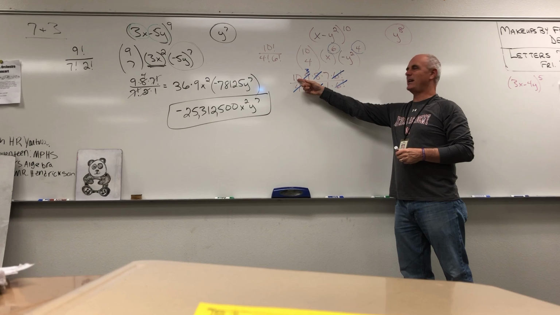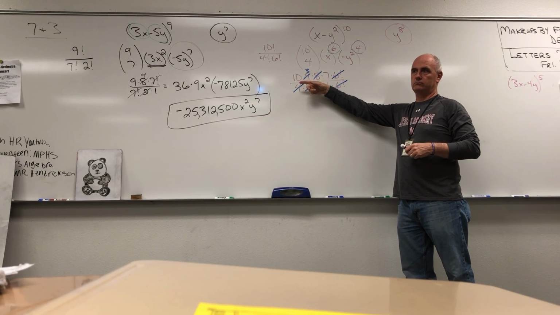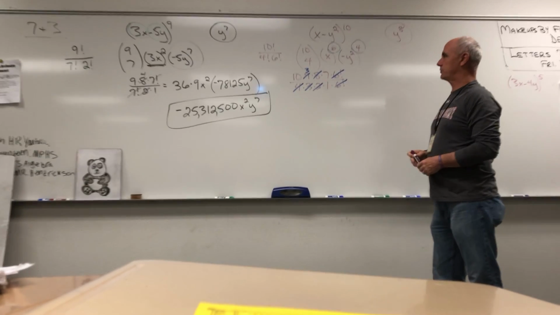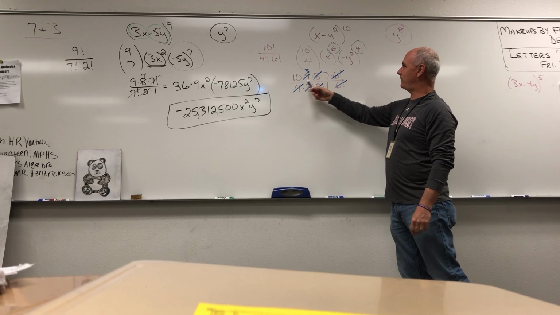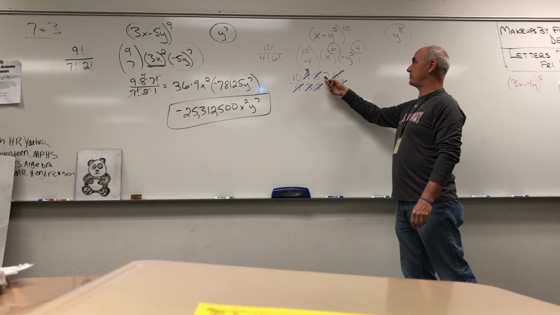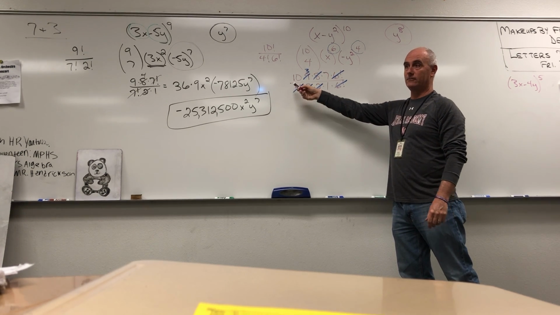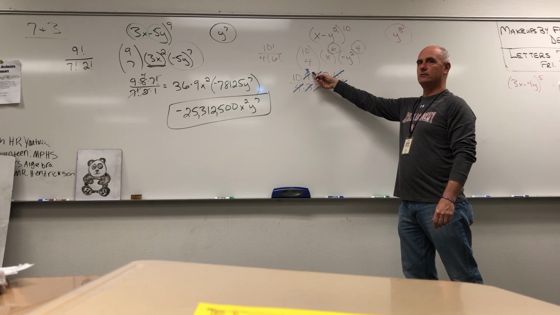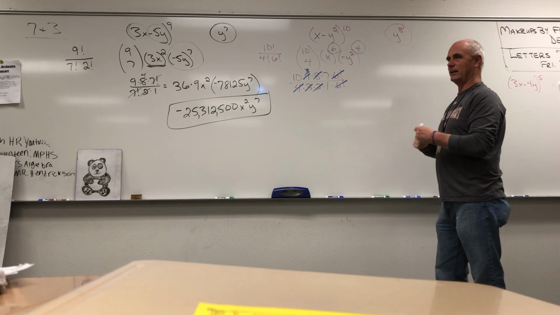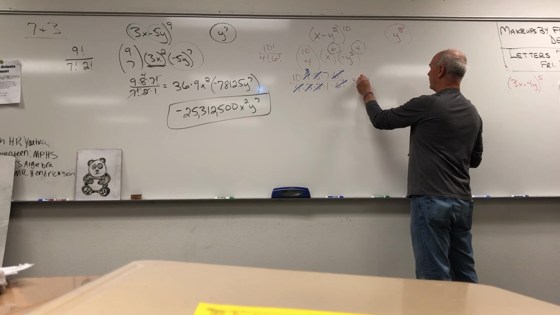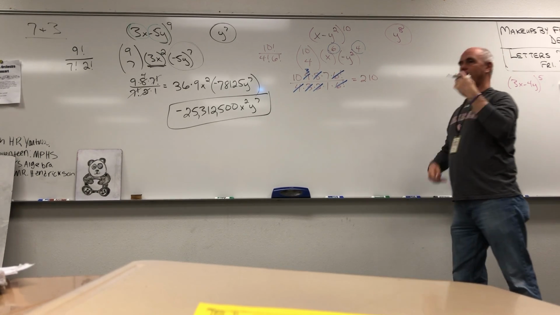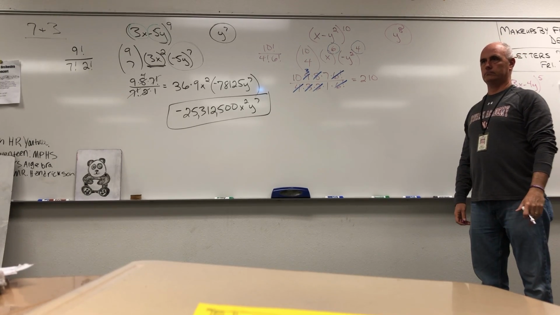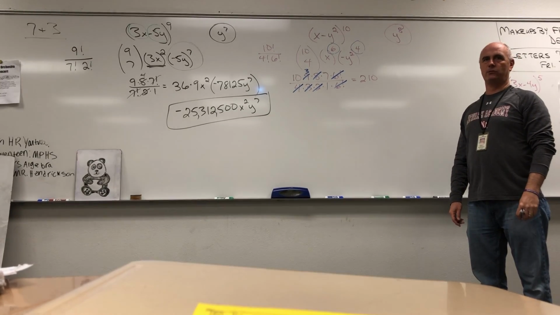I'd rather have that be a 10 than be a 5. If I had turned that to a 5 and that to a 4, now I'm doing 7 times 4 times 3 times 5, as opposed to 7 times 3, which is 21, times 10, which is 210. That seemed a lot easier to me. But that being said, cancel it however you want. I just like keeping 10s whenever possible.